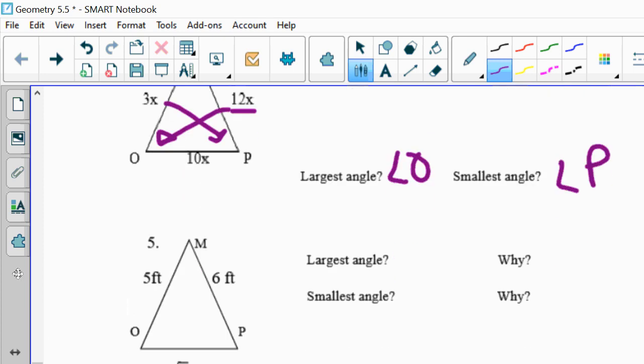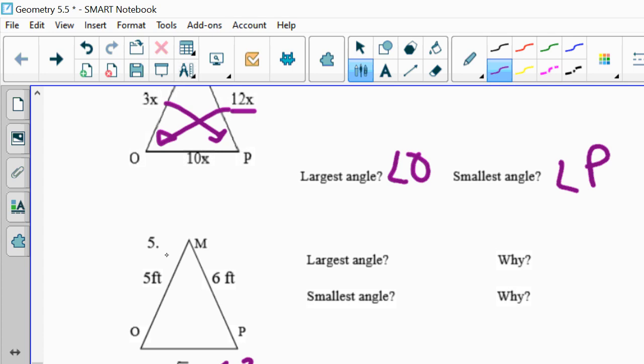And the last one on this side, so it says the largest angle, smallest angle, Y. They give me a side of 5, a side of 6, and then a side of the square root of 7. So we need to know what is the square root of 7, okay? I know that the square root of 9 is 3, right? So I know that this is less than 3, and that's actually good enough to be able to figure out what is the longest side and what is the shortest side, right?